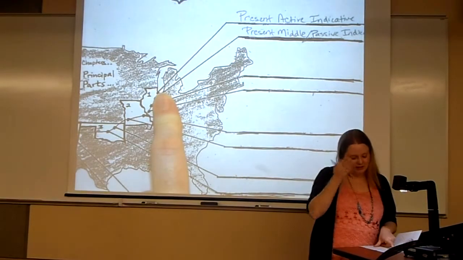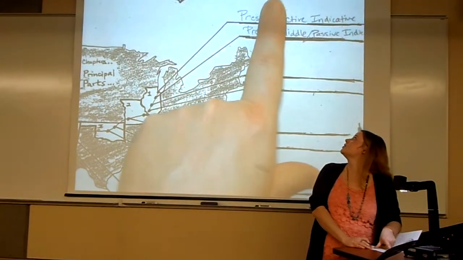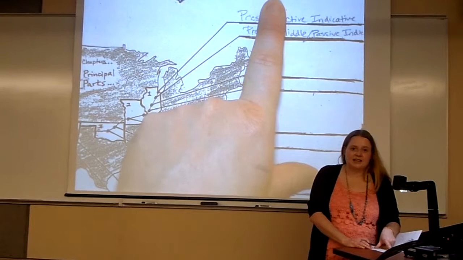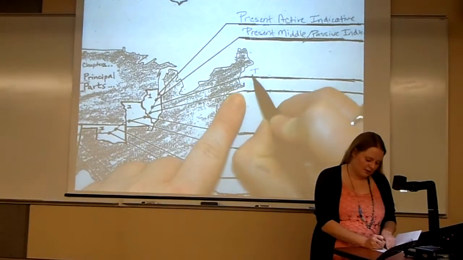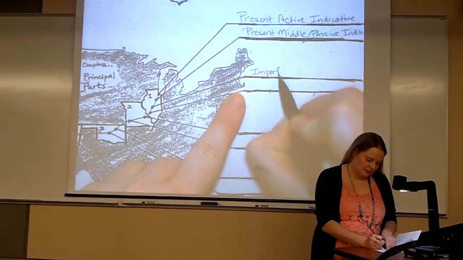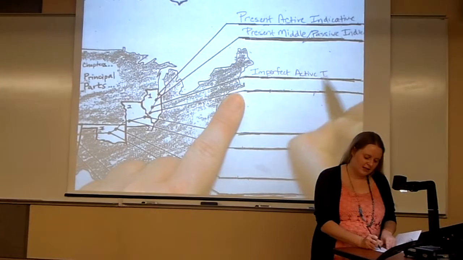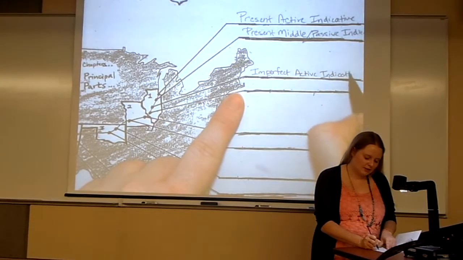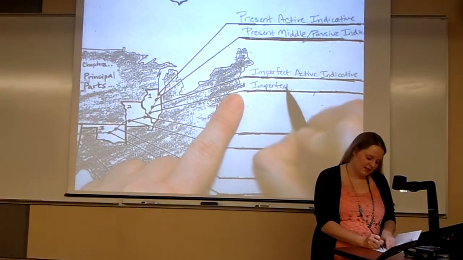Pistuo, I believe. Based on this same stem, though, you get the verbs that are in chapters 10 and 11 of your Croy textbook. Those are the imperfect active indicative and imperfect middle passive indicative.